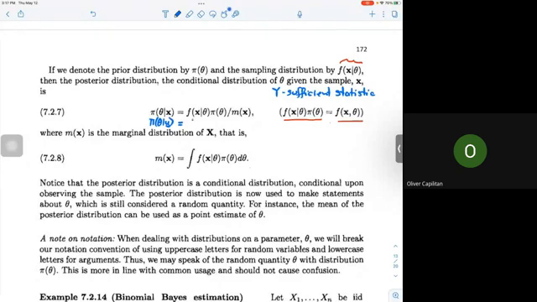And we have now f of y given theta times the prior distribution pi of theta, divided by this marginal distribution of y, m of y. So m of y is equal to the integral of f of y and pi of theta d theta.